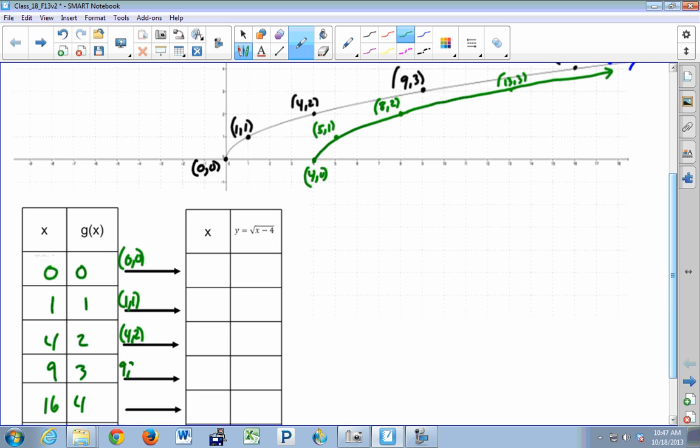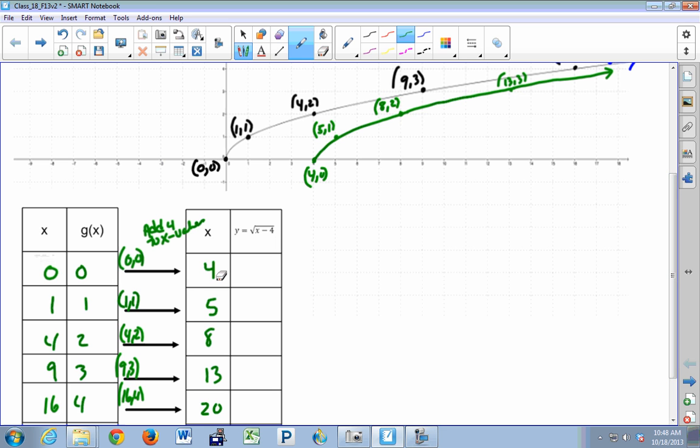I could have put in a third column here with the coordinates, but you can easily write it like that. And then they like to use these little arrows and they say, okay, I'm going to add 4 to my x values. So then they go ahead and they add 4 to the x values. So 0 becomes 4, 1 becomes 5, 4 becomes 8, 9 becomes 13, 16 becomes 20.